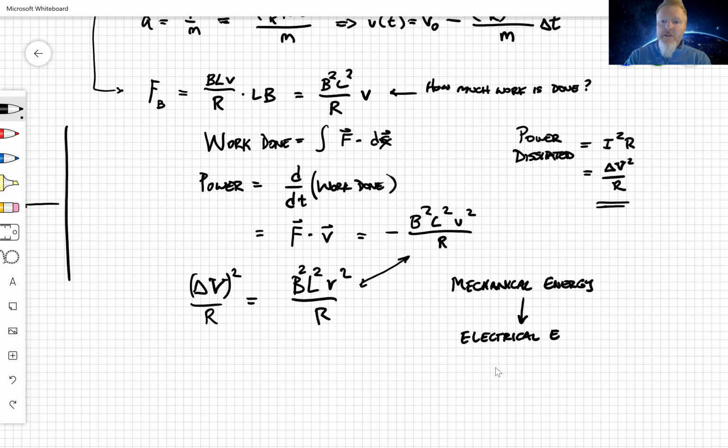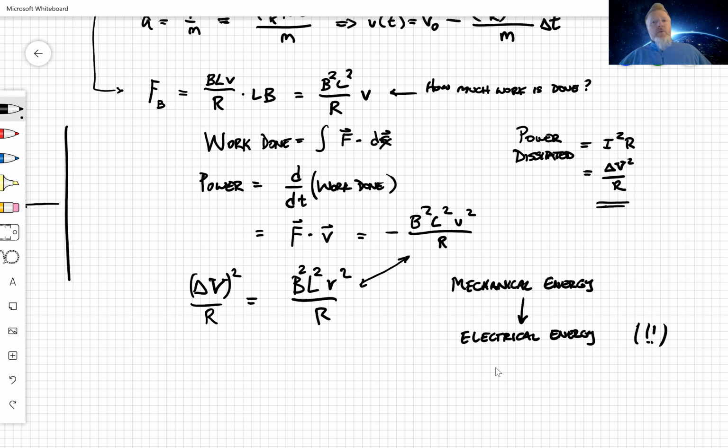Becomes electrical energy. All right, so that's the conversion, and that's what Faraday's law told us. Okay. So that was the whole point of that example, to show that that initial kinetic energy decreased. There was work done by a force, and that showed up as electrical power.